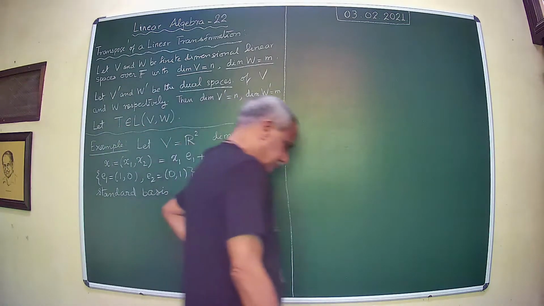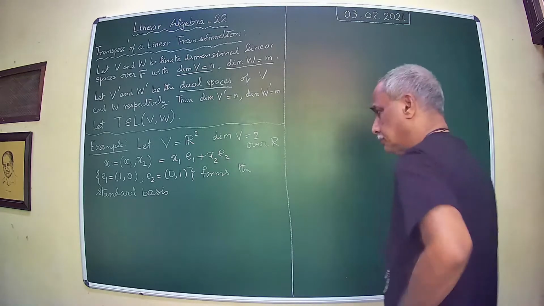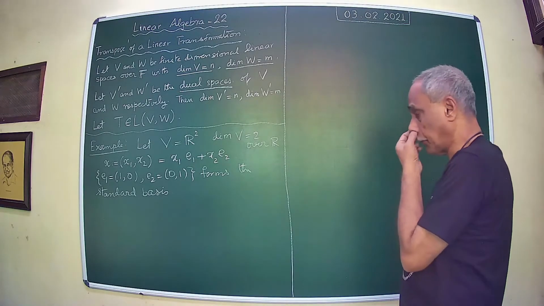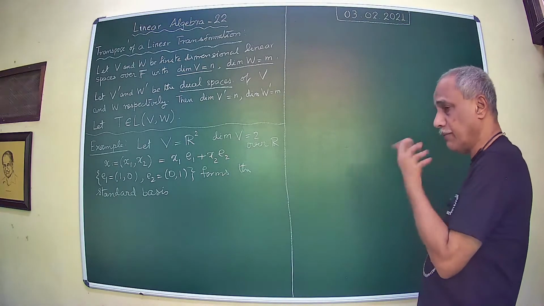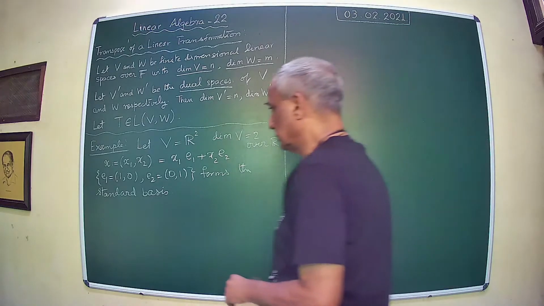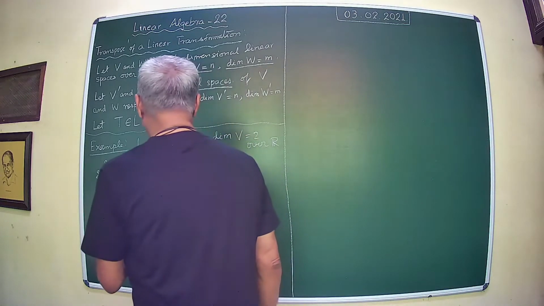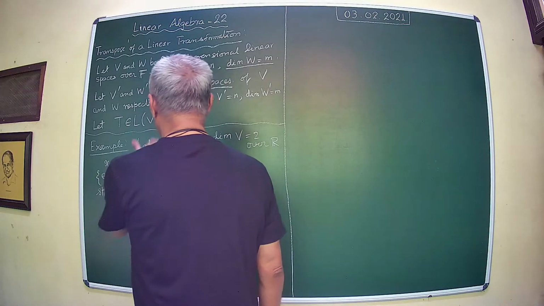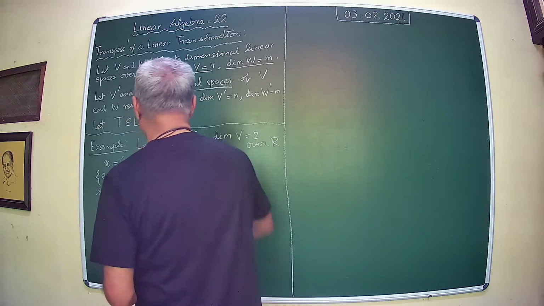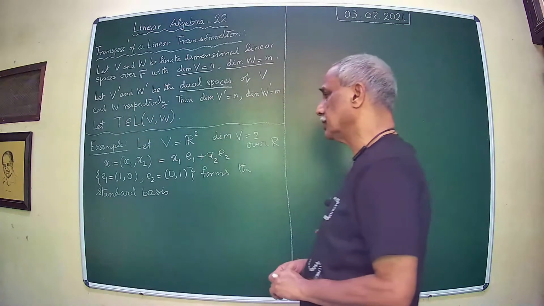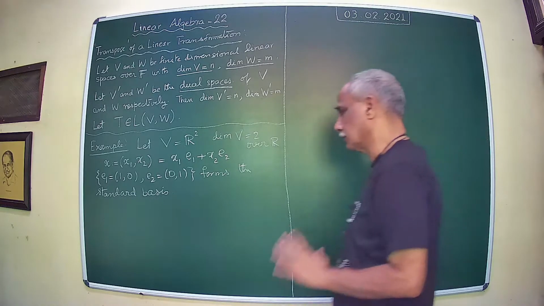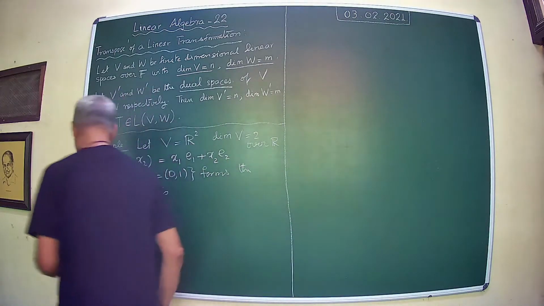That's your X. Now we take both the domain space and the range space as V itself. So we are considering linear transformations from R2 to R2.